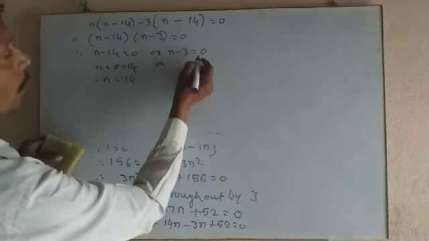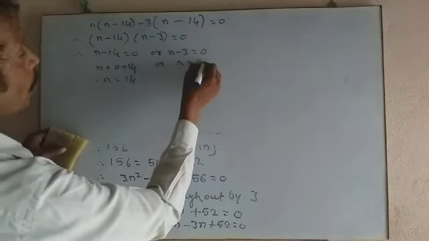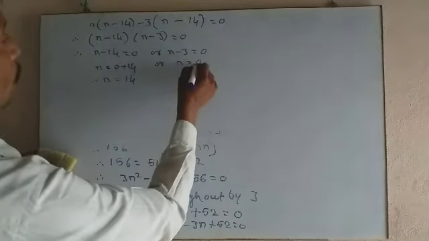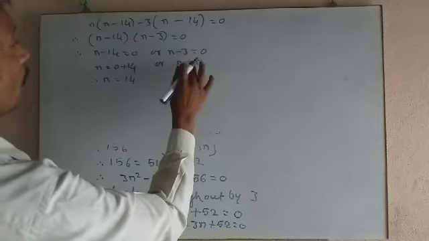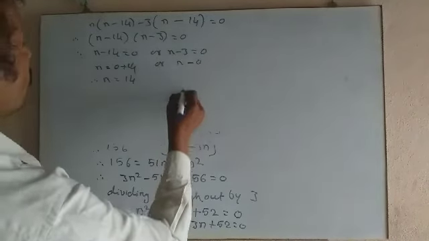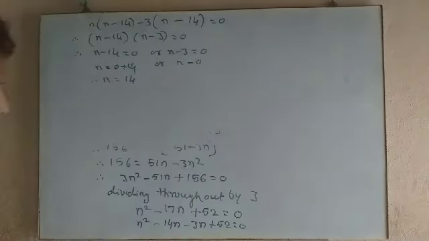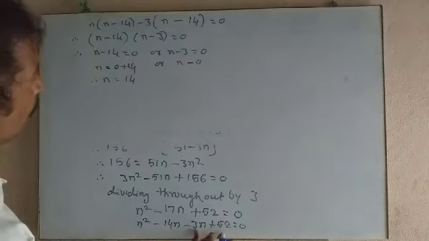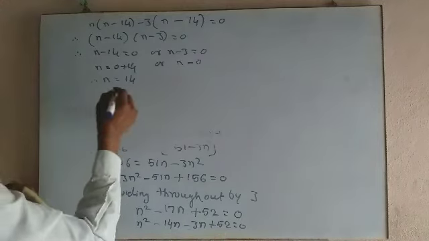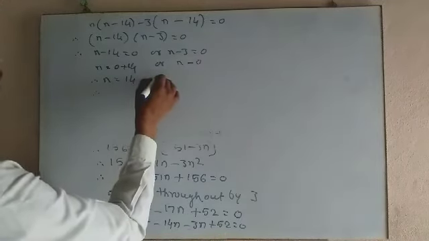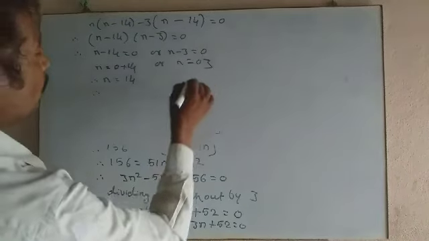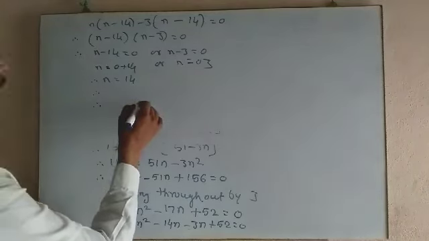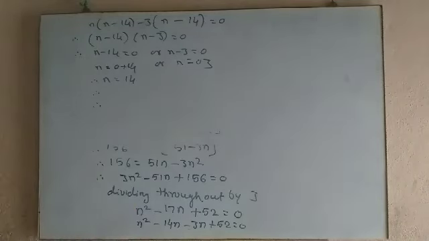Or when n minus 3 is equal to 0, n is equal to 3. Therefore the number of terms in the AP.